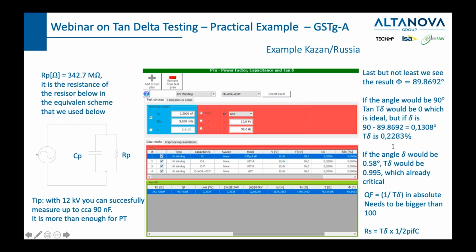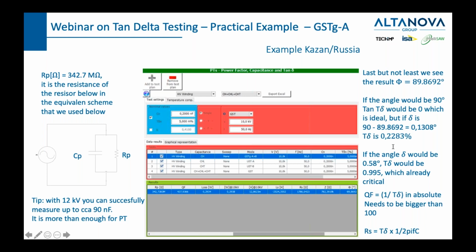Mr. Ashraf, why is tan delta at 50 Hertz preferred over VLF? Oh, to be honest, we don't do a lot of VLF, so I really cannot answer that question fully.